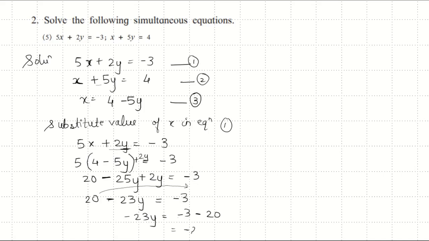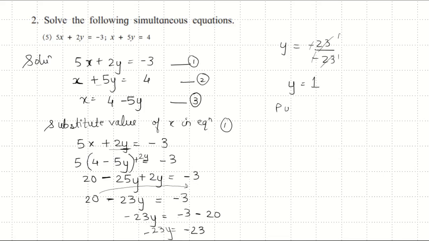This will become minus 23. So minus 23y is equal to minus 23. Solving it further, y is equal to minus 23 upon minus 23. Here we will get value of y is equal to 1. Minus minus cancel and 23 gets cancelled. y is equal to 1.